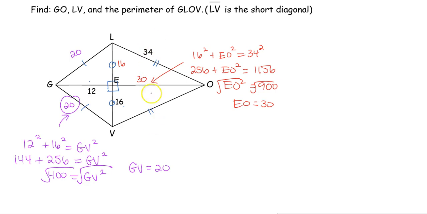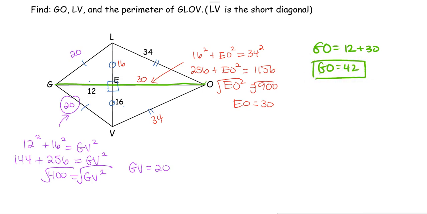And if this is 34, remember those sides are congruent, so this is going to be 34 as well. So let's look to see what they wanted us to find. We want to find GO. GO is this whole big segment. So to find GO, we have to add 12 that we were given plus the 30 we found. So GO is going to be equal to 42.